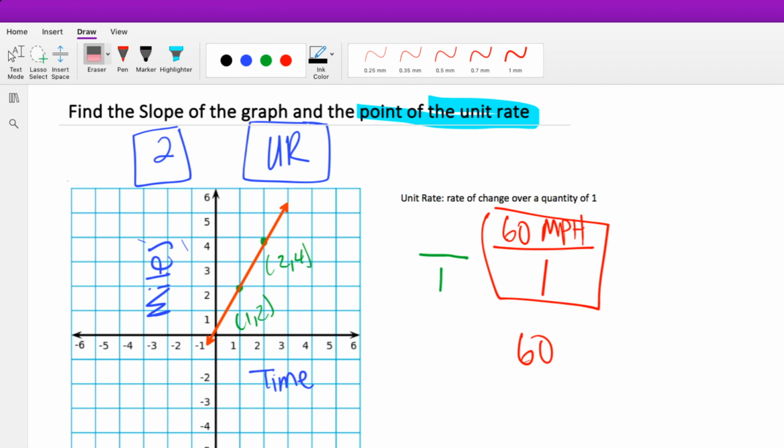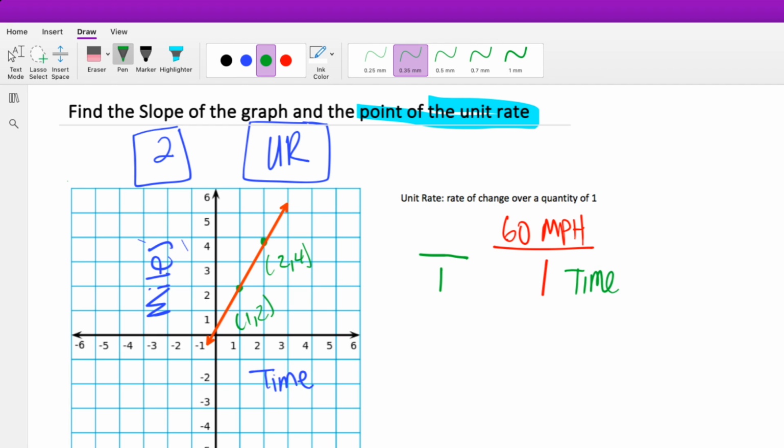So how do we apply this information to our graph? We know that we need something over a quantity of 1. And in the car example, this 1 represents the amount of time in hours. So why don't we do that exact same thing with our graph and have it represent the time? And fortunately, we see time on our x-axis.